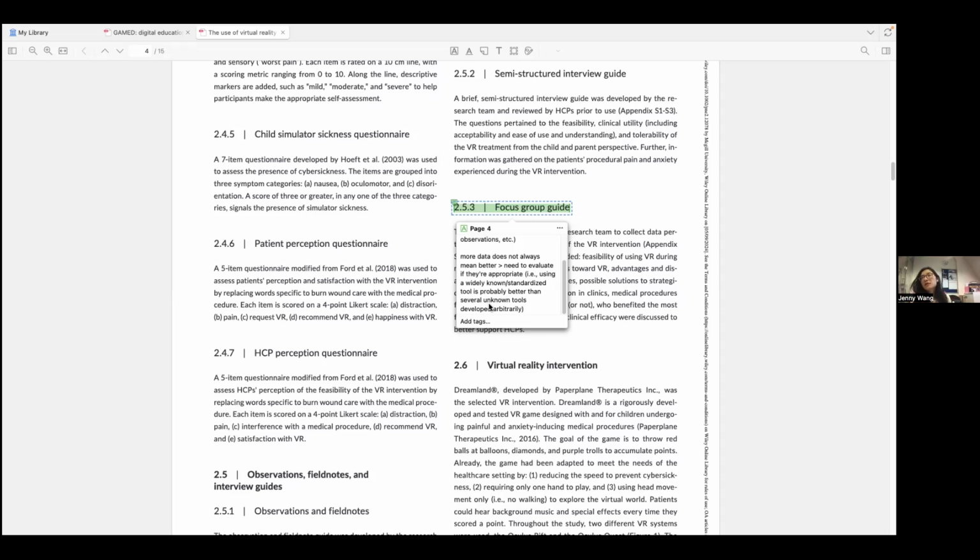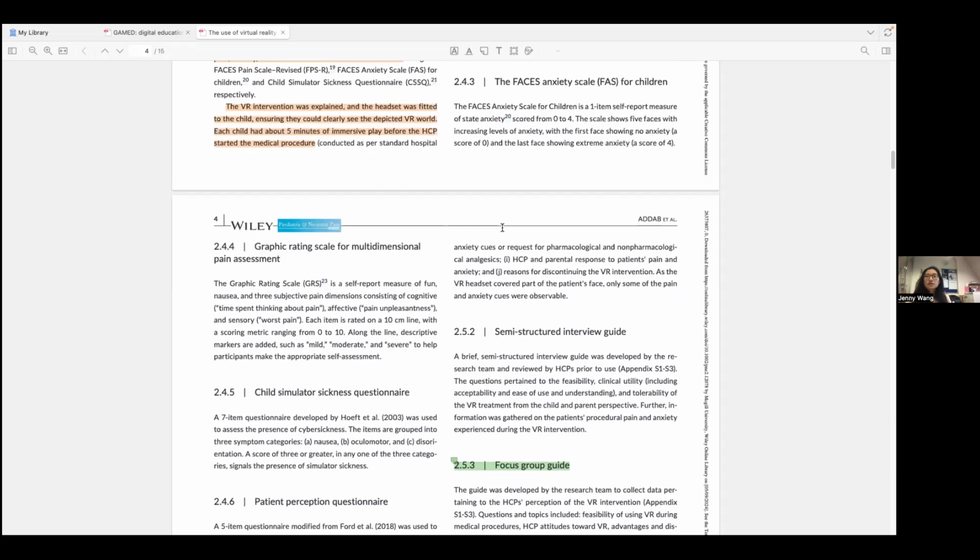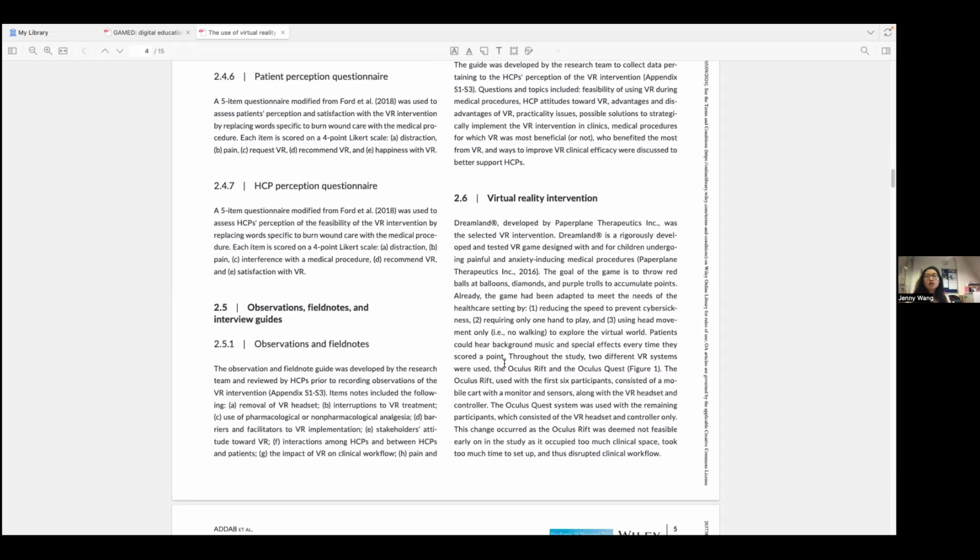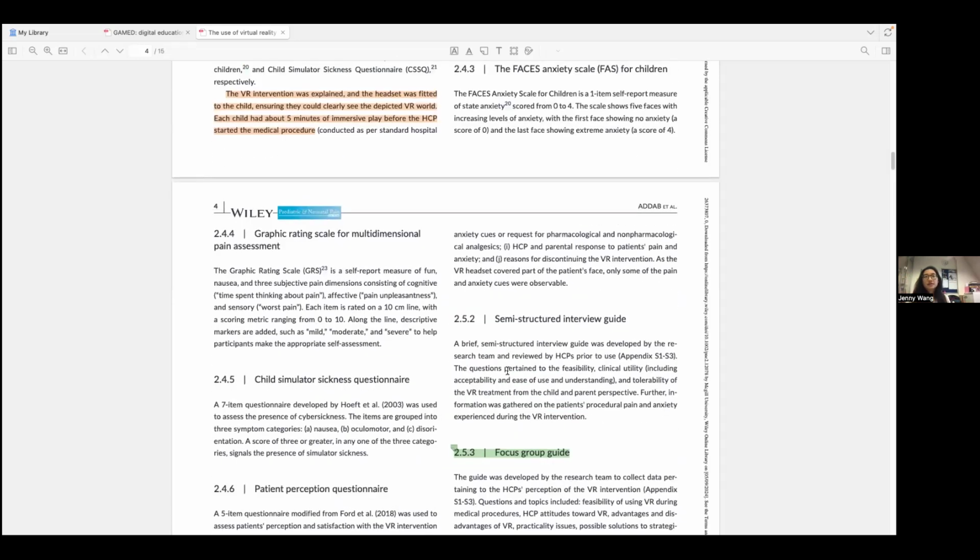The former is probably going to be stronger and more convincing than the latter. So it's a balance between what you're collecting, why you're collecting it, and what tools you're using, and making sure that they're trustworthy, valid and reliable. So these are the questions I would ask while you're going through the methods section.